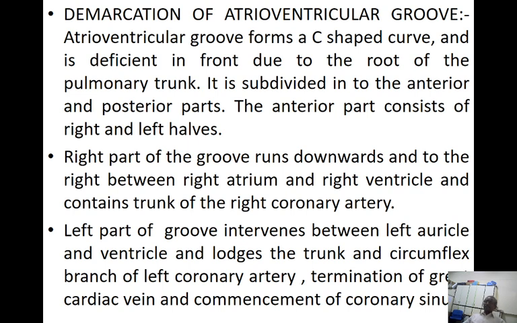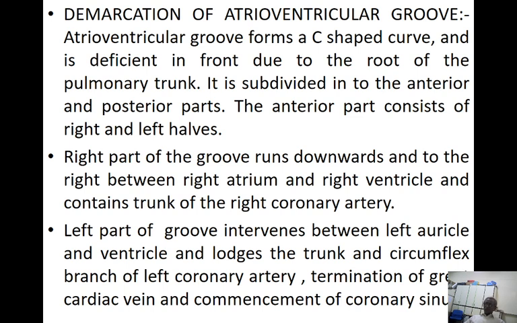Then demarcation of the atrioventricular groove. The atrioventricular groove forms a C-shaped curve and is deficient in front due to the root of the pulmonary trunk. It is subdivided into anterior and posterior parts. The anterior part consists of right and left halves. The right part of the groove runs downwards and to the right between the right atrium and right ventricle and contains the trunk of the right coronary artery.